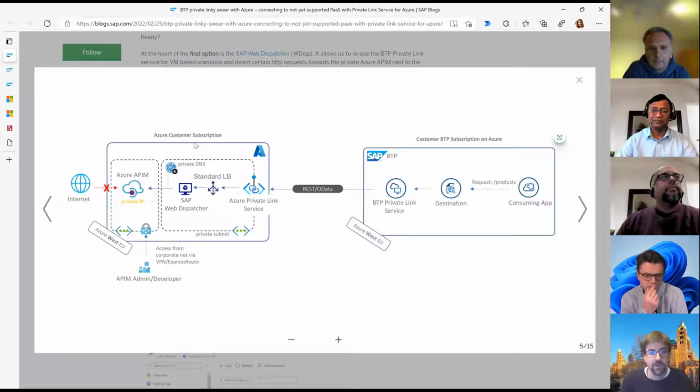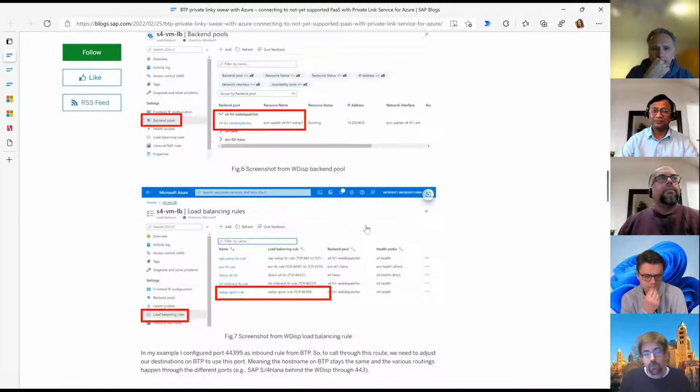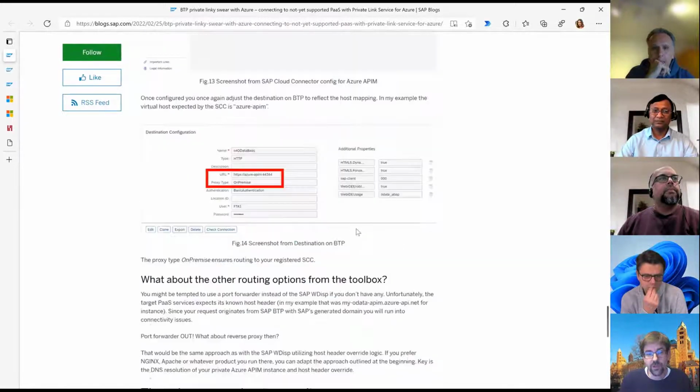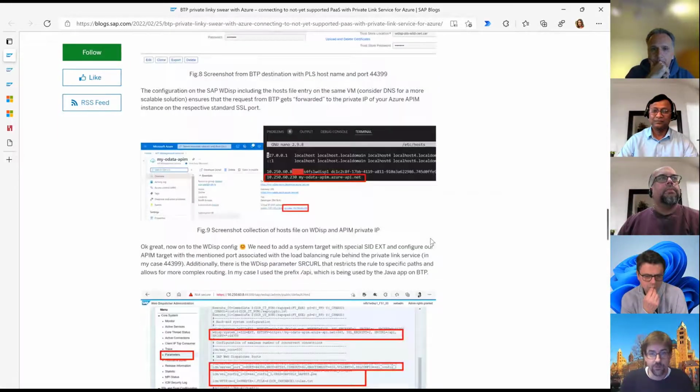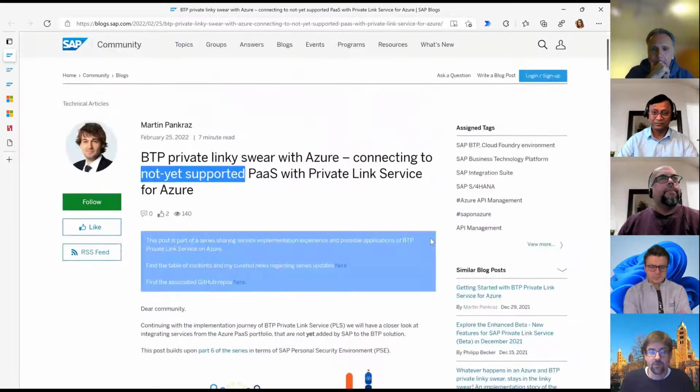For example, if you put a web dispatcher on Azure in between, you can use this as a proxy to access all the services. He's using Azure API Management as an example. A nice blog post that outlines how you can also use non-officially supported services on Azure with the private link service.